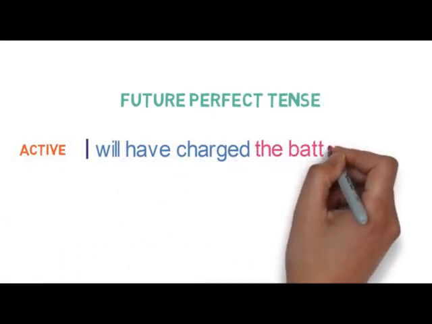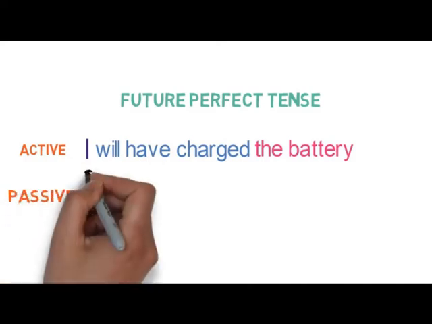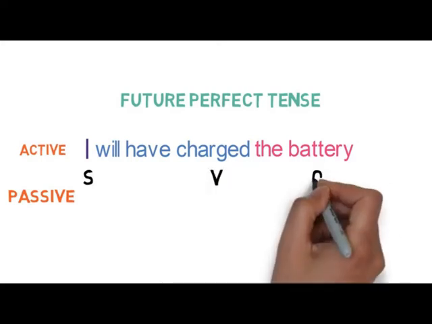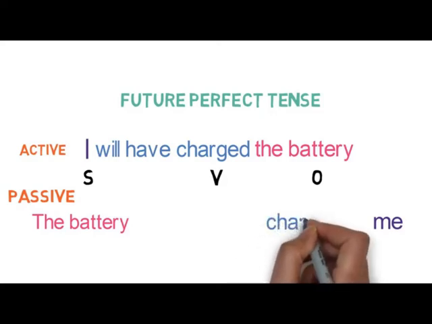The last example today is the future perfect tense. Our sentence is I will have charged the battery. Here we have the subject I. Charged is the verb. The battery is the object. We will start with the object as we swap, so we will start with the battery. I will change to be me. We finalize with it.